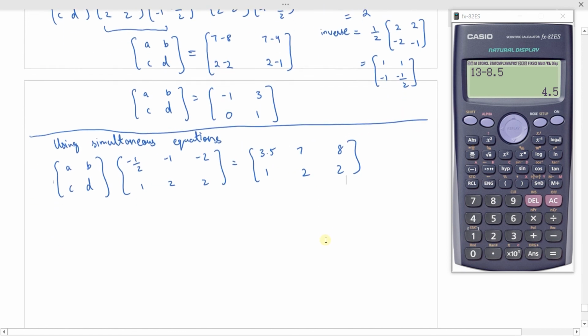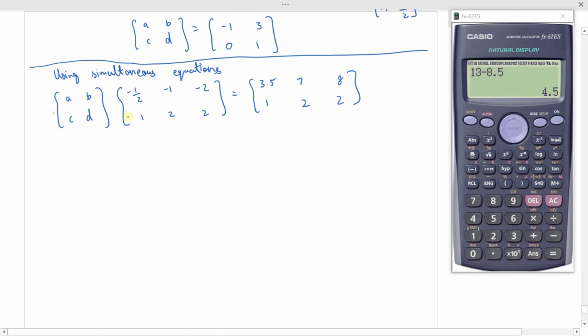So now what I can do here is multiply this matrix with this to get the matrix in terms of A, B, C, D on the left side, and I have the numbers on the right side. Then I'll compare the values to form the equation. So let's first multiply these two matrices on the left side here. So this row will be multiplied by this column.